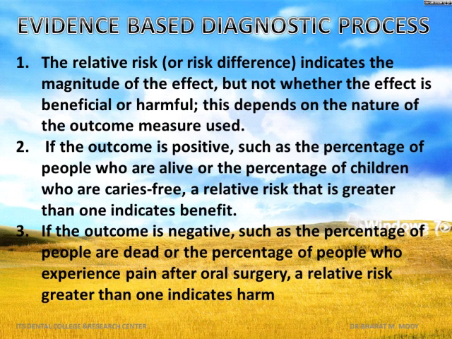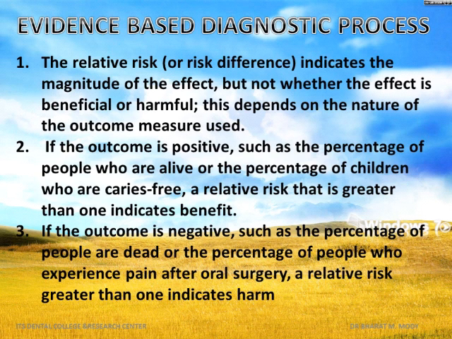The relative risk only indicates the magnitude of the effect which is there, and not whether the effect is beneficial or harmful. That will depend on the positive or negative value of the outcome. If the outcomes are positive, such as the percentage of children who are caries free, a relative risk greater than 1 indicates benefit, but where it is less than 1, it would mean harm.